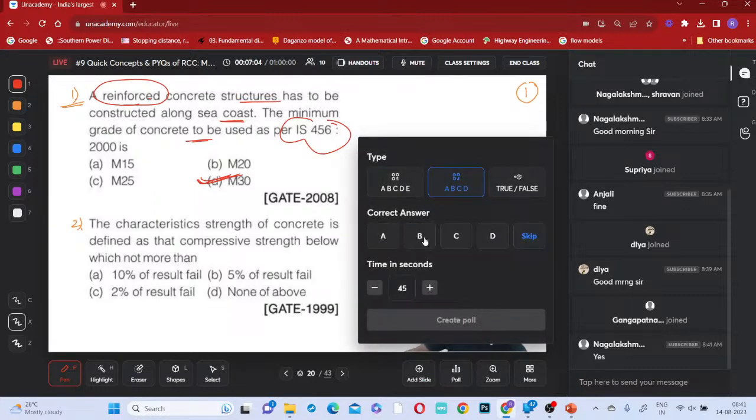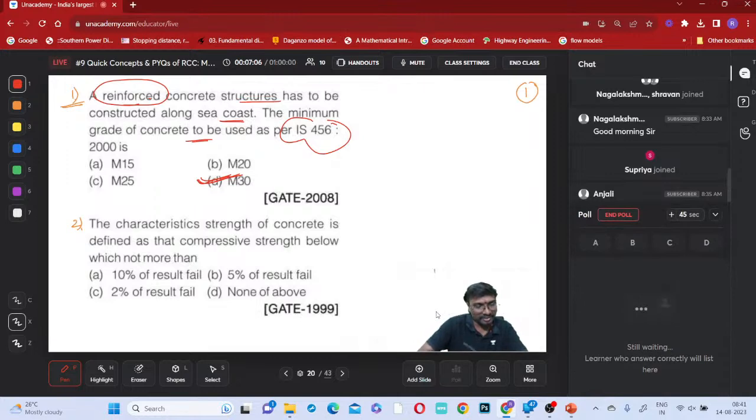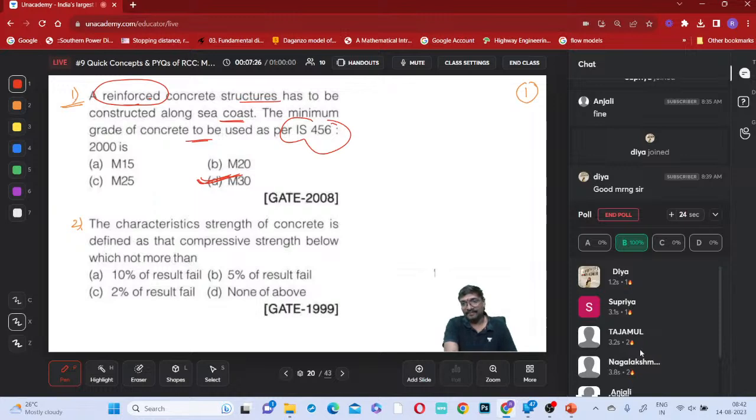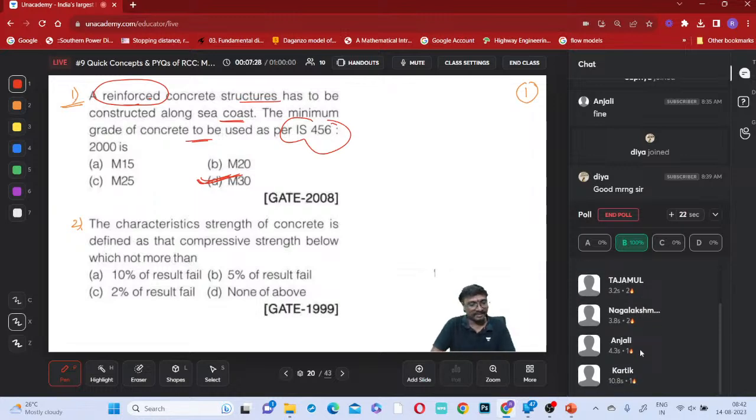Now second question, select your answer. Many people selected the absolutely correct answer. 100% correct: Diya, Supriya, Tajamul, Nagalakshmi, Anjali, Karthik answered correctly.